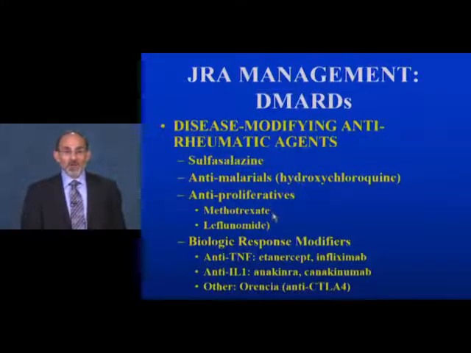But we usually go right to the antiproliferatives, methotrexate, or the cousin pyrimidine antagonist, leflunomide, which are very effective in controlling erosive disease. So these are true disease-modifying agents which prevent erosions.